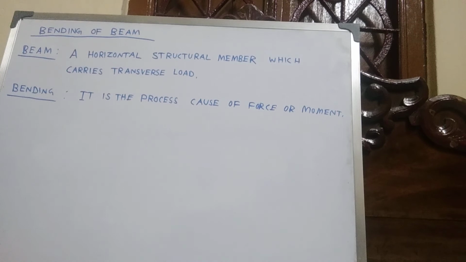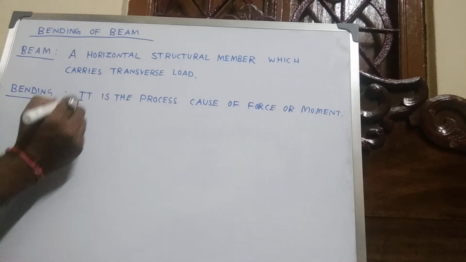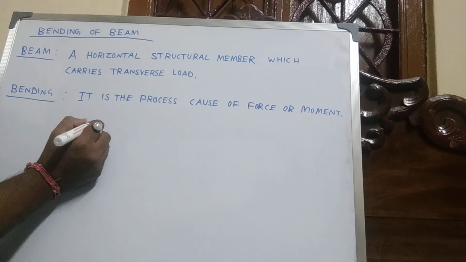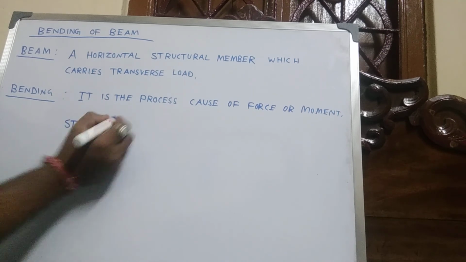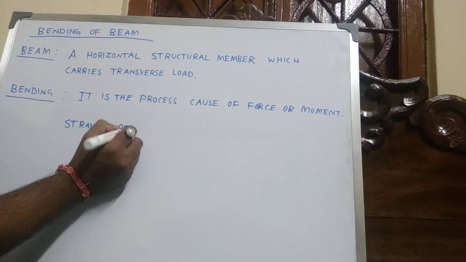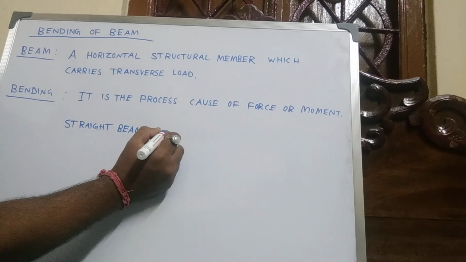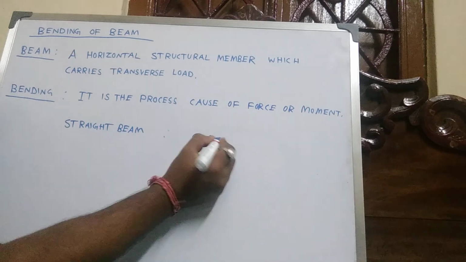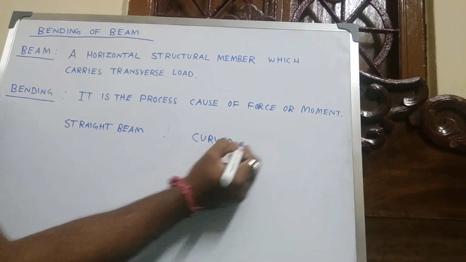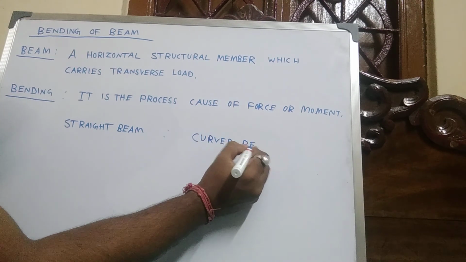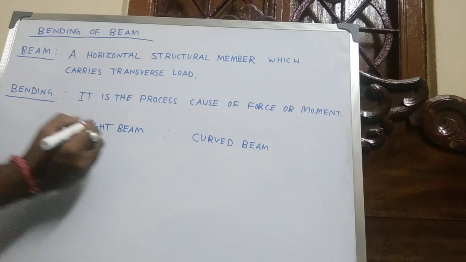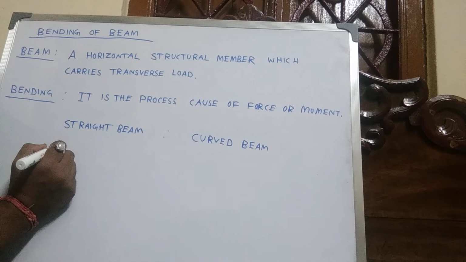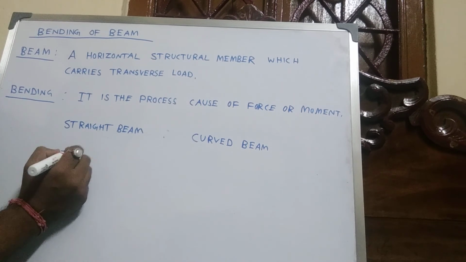Next, there are two types of beam. One is the straight beam, and another is the curved beam. Both are different based on curvature.